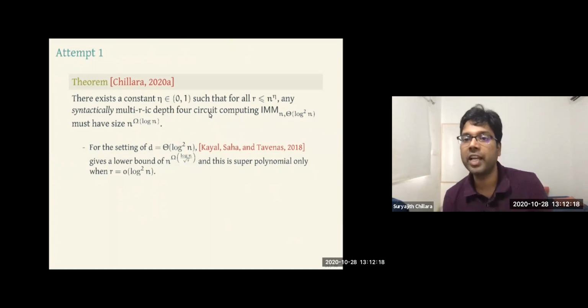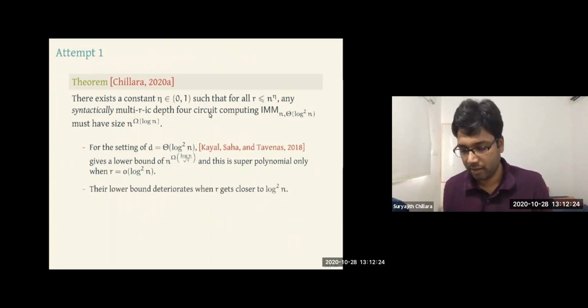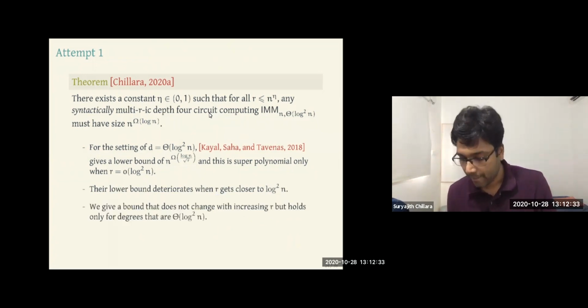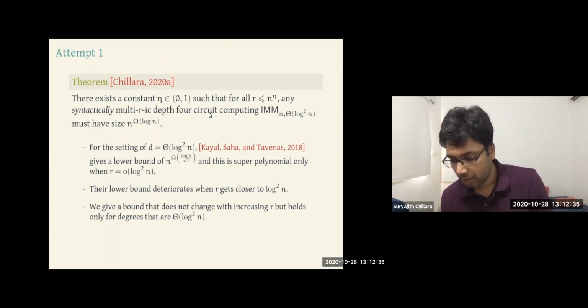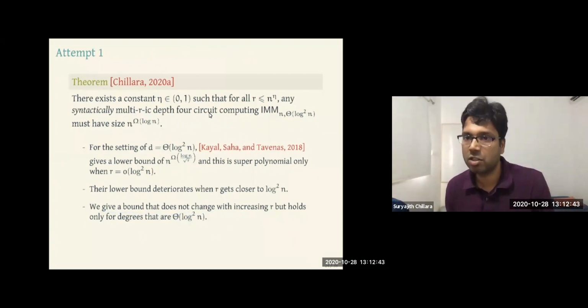So I'm only able to show lower bounds for circuits which have formal degree at most log square n. And the lower bound deteriorates as the value of r increases and gets closer to log square n. In comparison, we give a bound that does not change with increasing values of r, however, for a very, very specific instance of d.